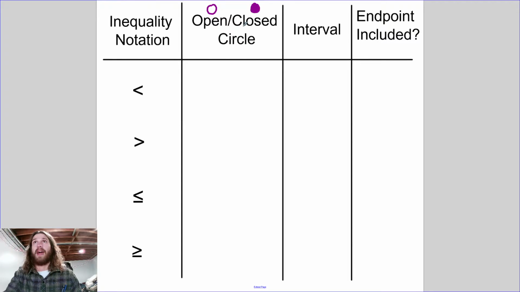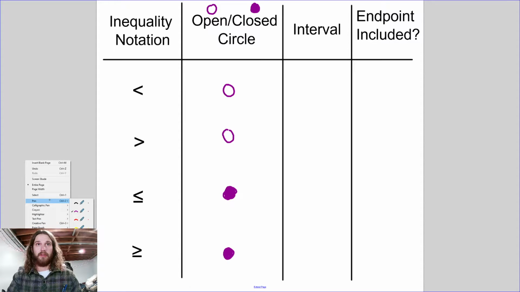When we're doing a graph or a number line, any inequalities that have a less than or greater than, without the equal sign, are represented by an open circle, and anything that has an equal sign is represented by a closed circle. Super cool. So that's old information.